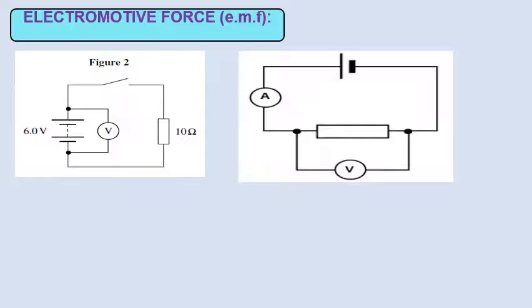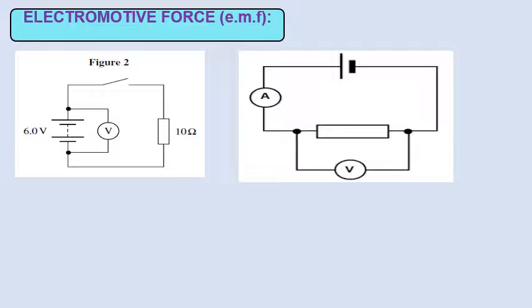Here I connected the voltmeter between the two terminals of the battery. And pay attention, in figure 2, the electric circuit is opened. This means that there is no electric current here. So here the voltmeter is used to measure the electromotive force of the battery.